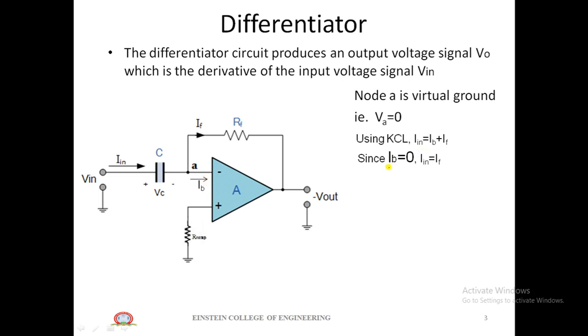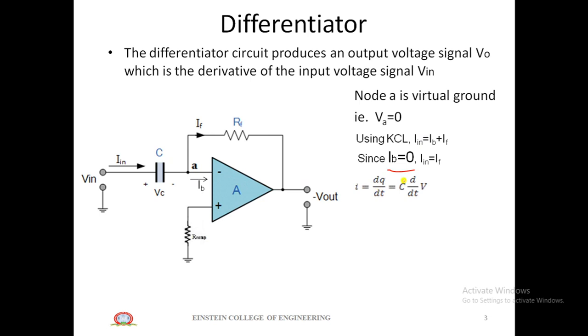IB will be 0 because the voltage gain should be maximum for an ideal amplifier. So if the voltage gain is maximum, then the base current, that is this current, should be 0. Then your equation becomes I in is equal to IF. Input current will be equal to the feedback current.